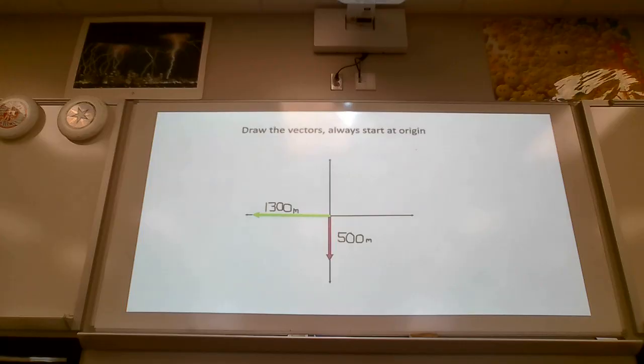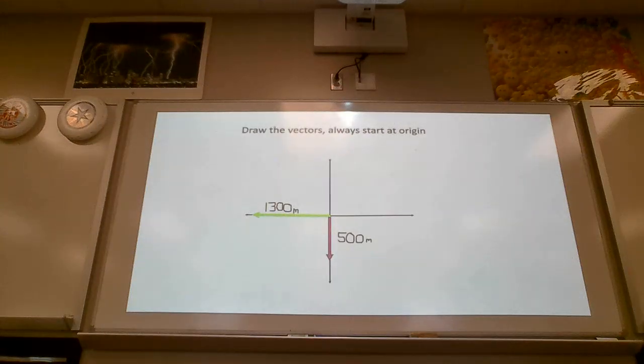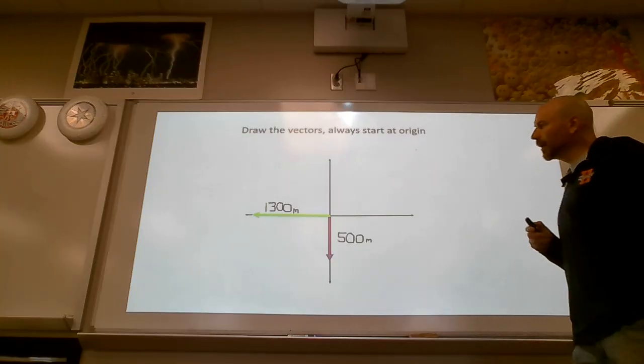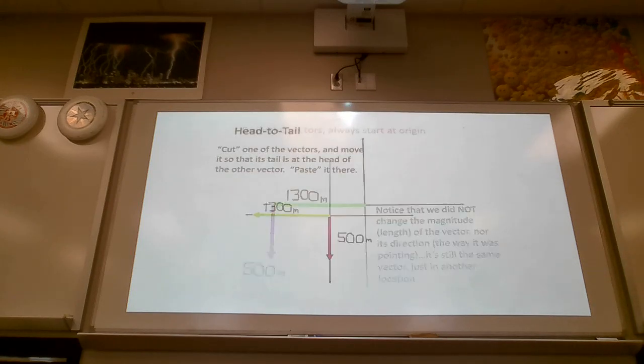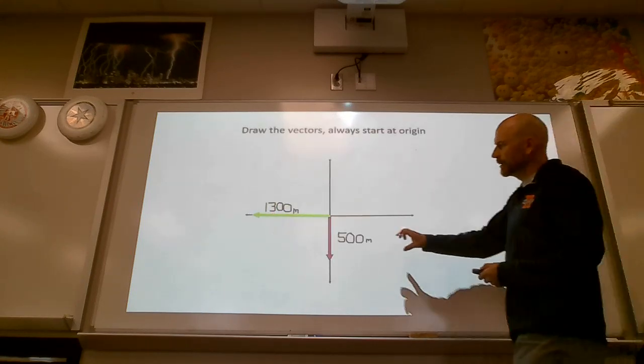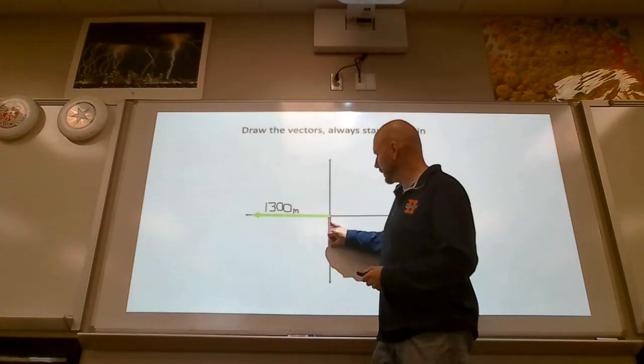So the first thing we're going to do is draw both of these vectors starting at the origin. We have 1,300 meters west, 500 meters south. Then we're going to do something called head to tail, where we cut and paste one of these vectors.